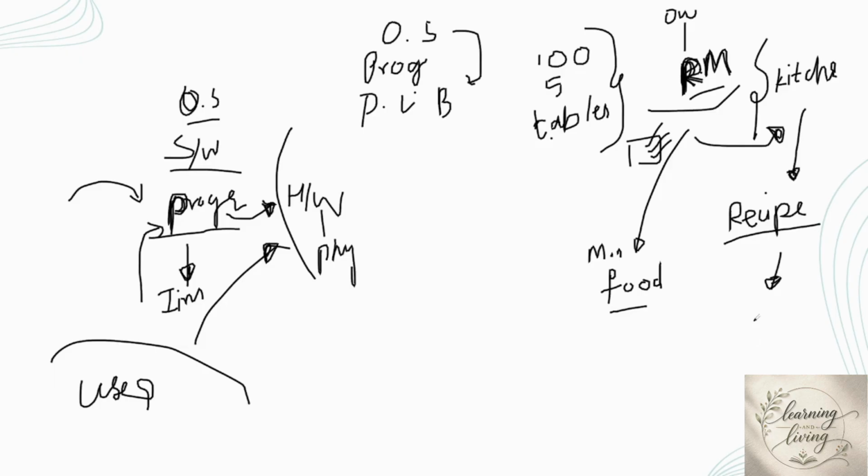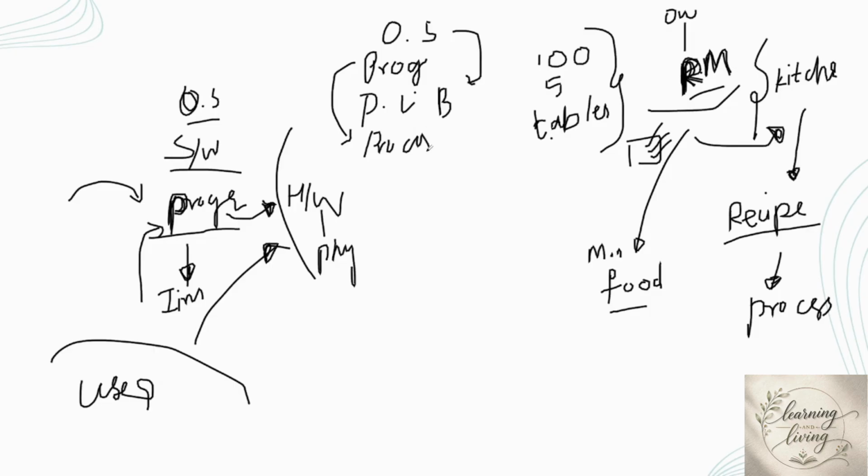That is the program, the recipe, whatever is given by the customer, is being prepared. This is called the process. Similarly, in our language, a program which is under execution is called a process.